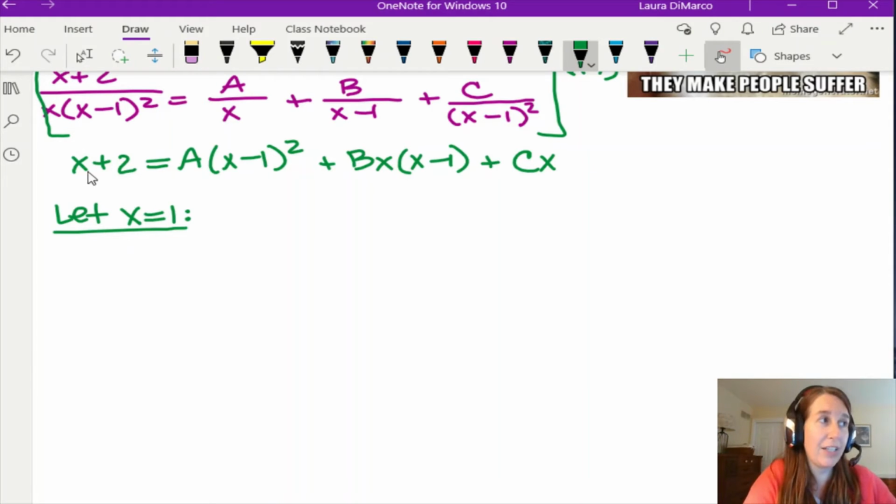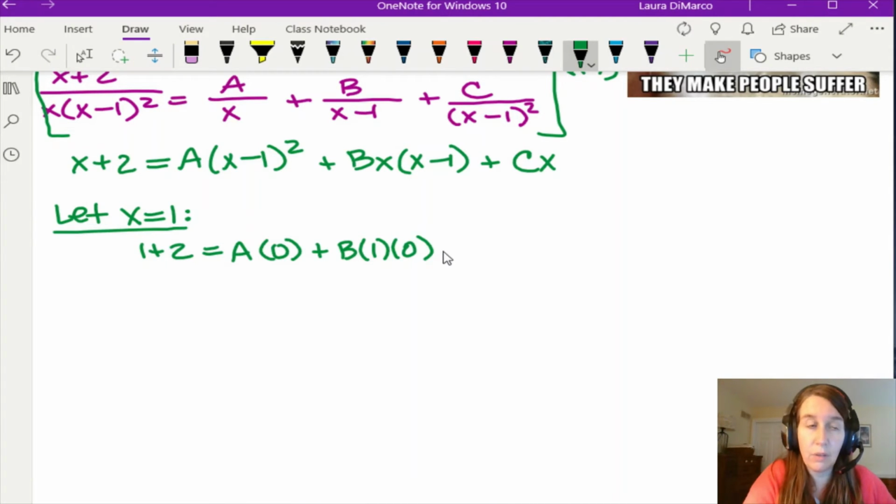If x equals 1, this side of the equation is 1 plus 2. This side of the equation is a times 1 minus 1 squared, right? That's times 0. 0 squared is still 0. Plus b times 1, but then this is 1 minus 1, so that's times 0, plus c times 1.